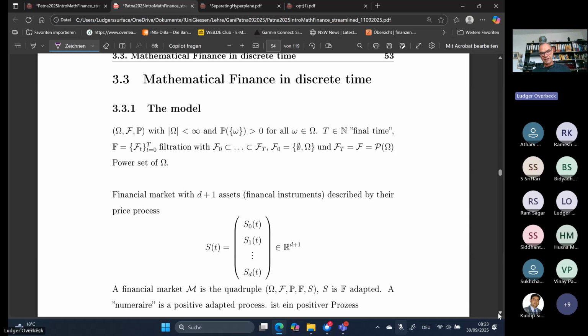The financial market in one period consists of a vector of d plus 1 assets. Here we have a vector of d plus 1 assets at every time t. You see we start with a filtration, that's fixed, that's a market filtration. Usually in applications, you start with a process and then define F to be the filtration generated by the process.